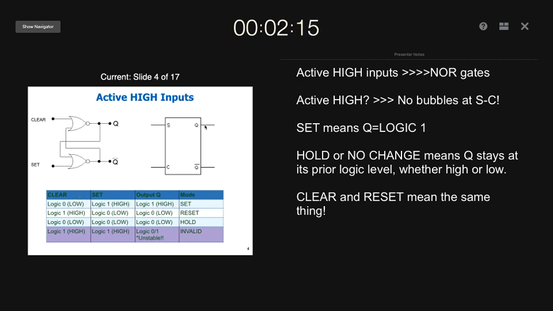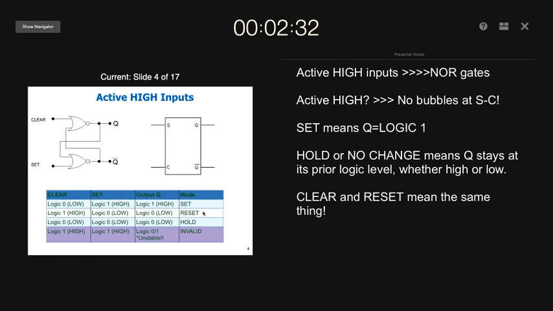They also provide not Q, which is just the inverse of Q, as a convenience. If you need it, good. If you don't, leave it. The output Q is always the output we're referring to.